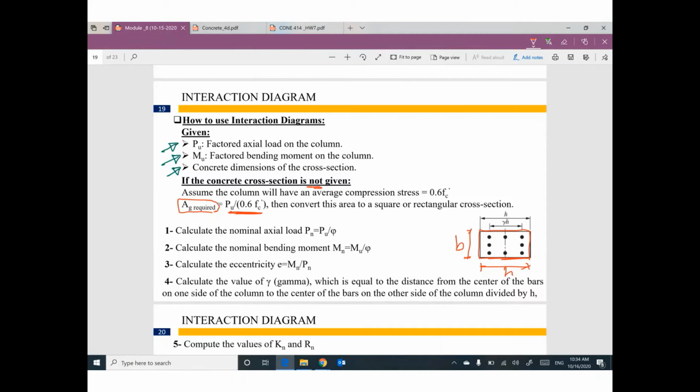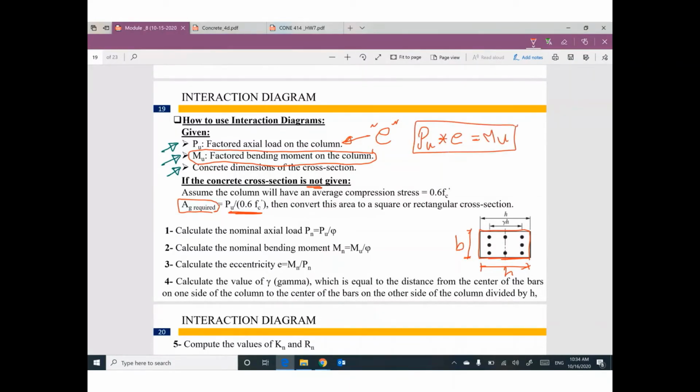Also, probably sometimes I will not give you M ultimate. I will give you P ultimate and the eccentricity E, so you can figure out the value of M ultimate. How? P ultimate times E equals M ultimate.